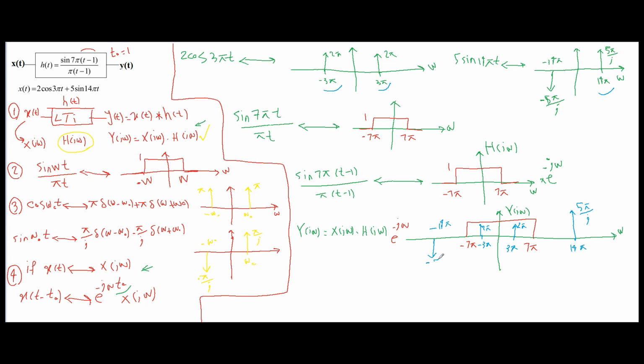If we look at the impulses, the components at 3 pi and minus 3 pi lie inside this band, so multiplying them by 1 leaves them unchanged. However, the components at 14 pi and minus 14 pi lie outside this band, so they are multiplied by 0 and removed.